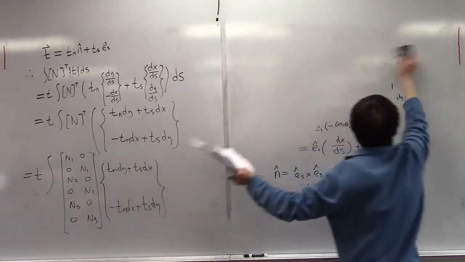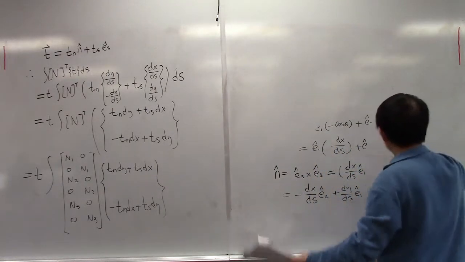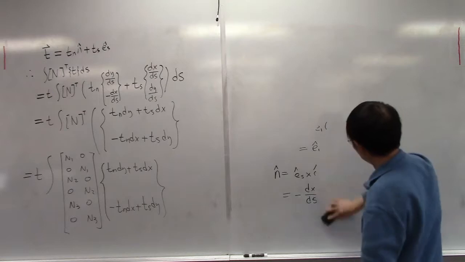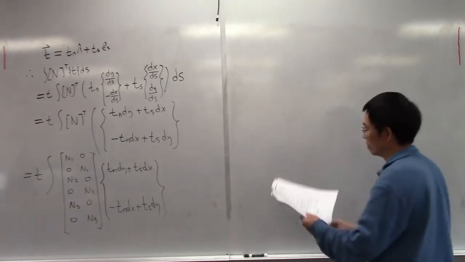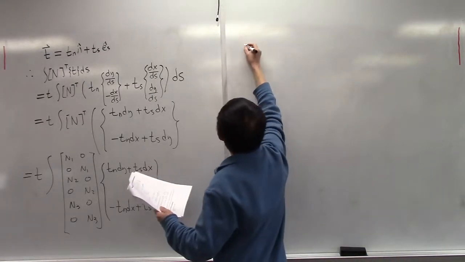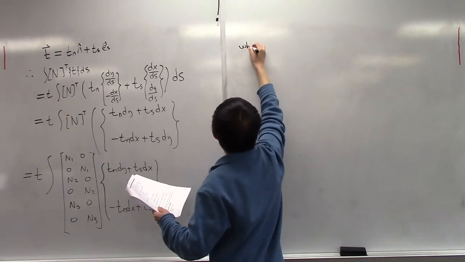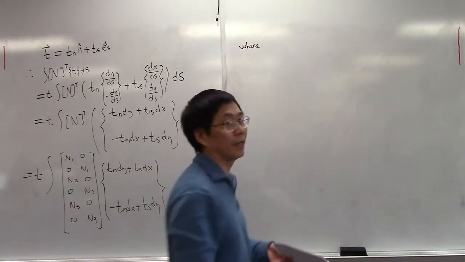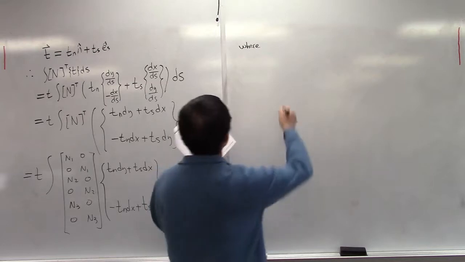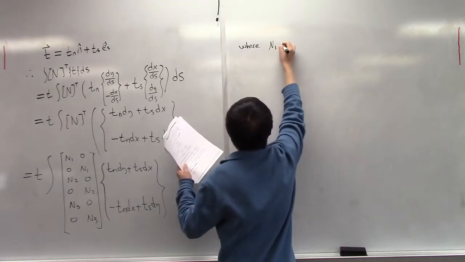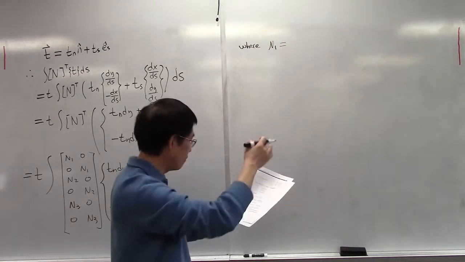Alright, now I can erase this. Where for the Q8 element N1 is the shape function for the first node.